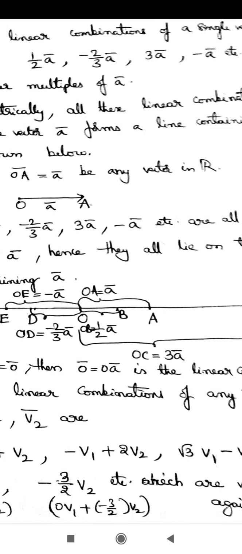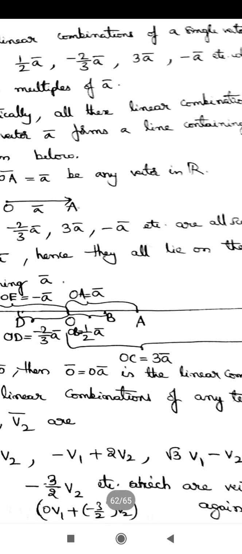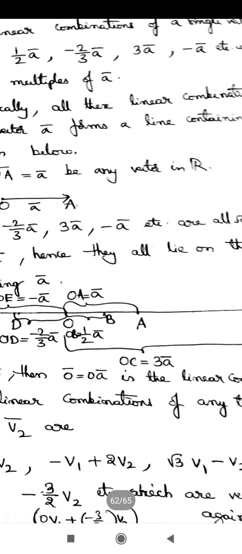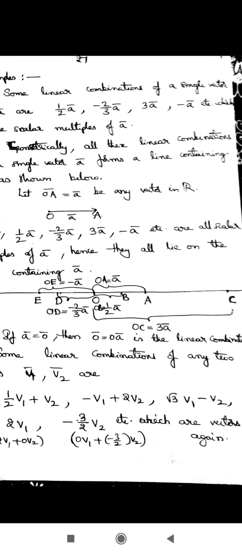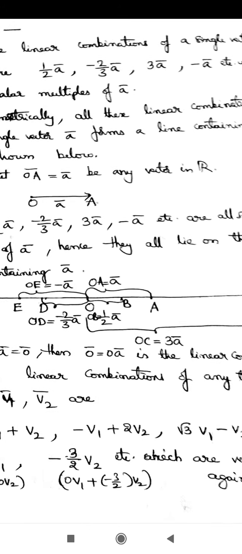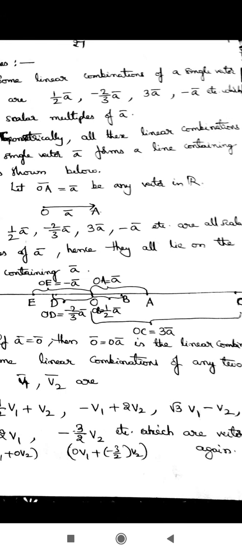So half a bar is one scalar multiple of a bar, and the other one is minus 2 by 3 a bar, and we can proceed like this, 3 a bar, minus a bar, etc. These are all scalar multiples of a bar which can be treated as the linear combinations of the single vector a bar. And how can you look at these vectors in the geometrical perspective?